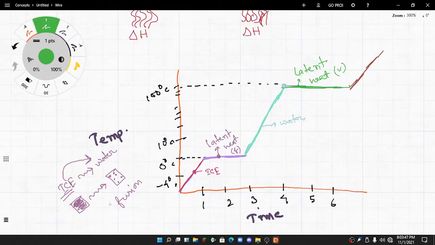What is that? F for fusion, V for vaporization. What do you mean by that? Look here, the particles of water are far apart, but not that far apart.